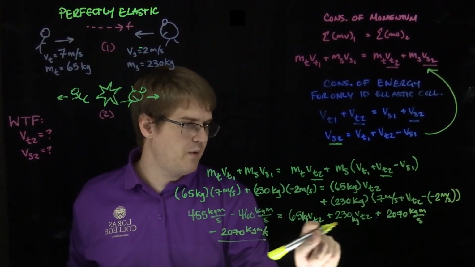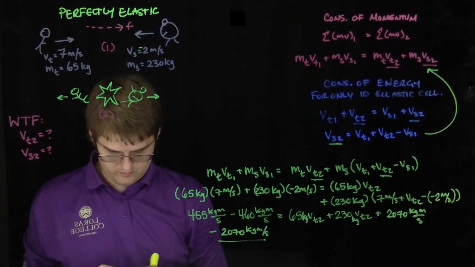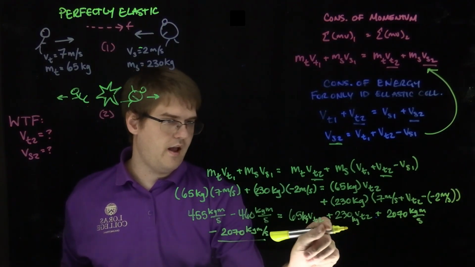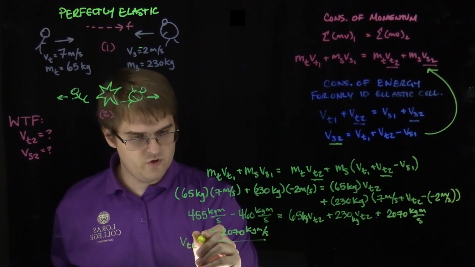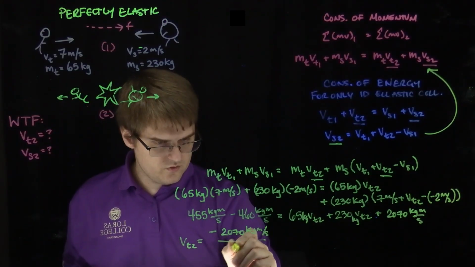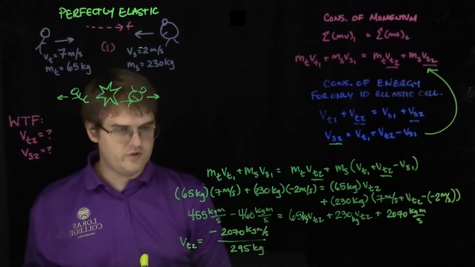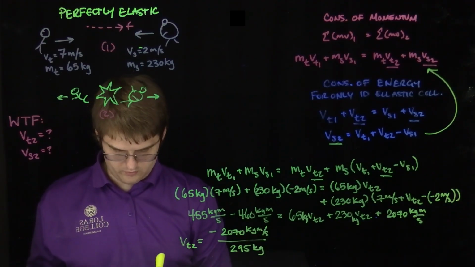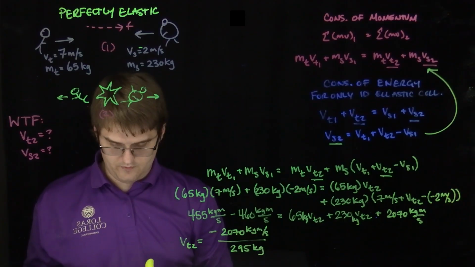I'm going to divide that by 65 plus 230, so that I have just VT2 on the side. So VT2 is going to be equal to negative 2070 divided by 295.